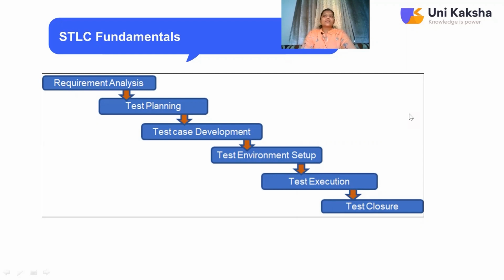Once you have gathered all the requirement related information, then the second step is started, which is considered as test planning. Test planning is considered as the most efficient phase of the software testing life cycle.